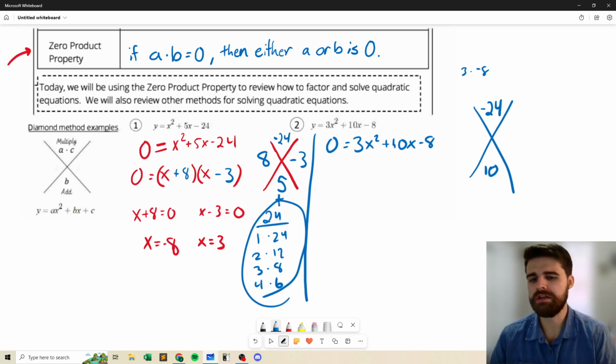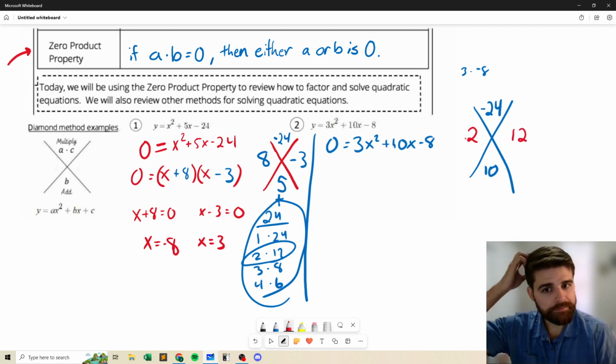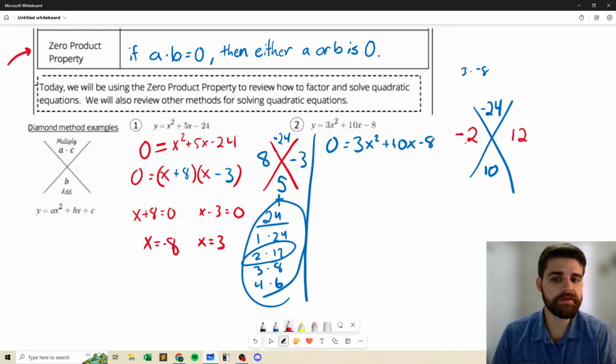Ooh, this one's tricky, so I'm going to think about it. I need them to be different signs, so I want a difference of 10 in order for this to multiply, give me a negative. Okay, so we're going to go with 2 and 12, but this one needs to be negative. Now it works. 12 times negative 2 is negative 24, and then 12 minus 2 is 10.